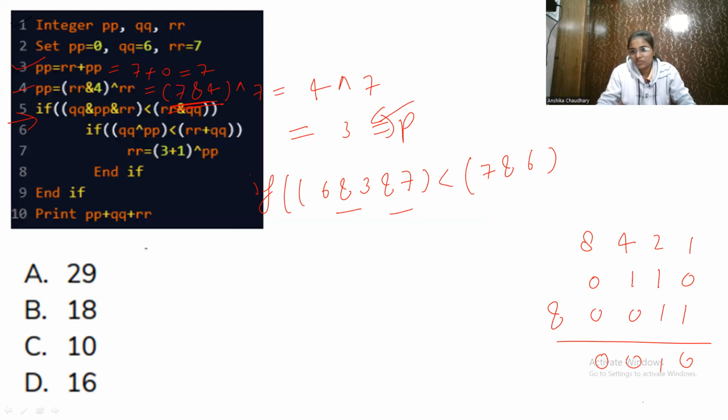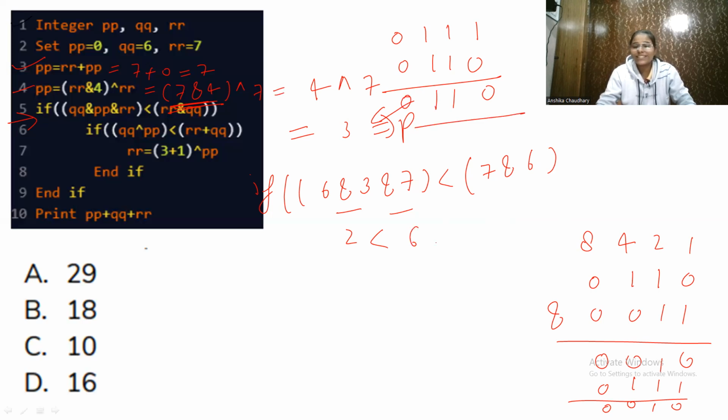And then 7 is 0 1 1 1 and the other value gives 0 1 0 0. So what is it? It is 2. So 2 is less than 7 AND 6. So 7 is 0 1 1 1 and 6 is this one. Now take the AND: 0 1 1 0. So what is it? It is 6. So 2 is less than 6, so the condition is true. We will come into the if part.